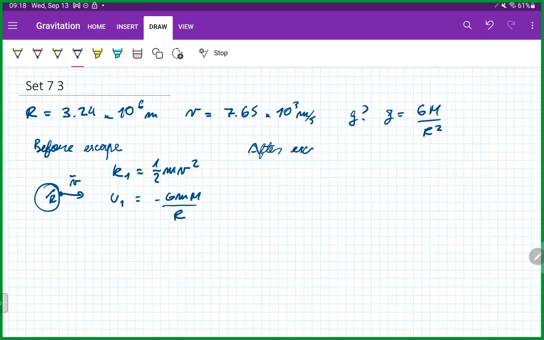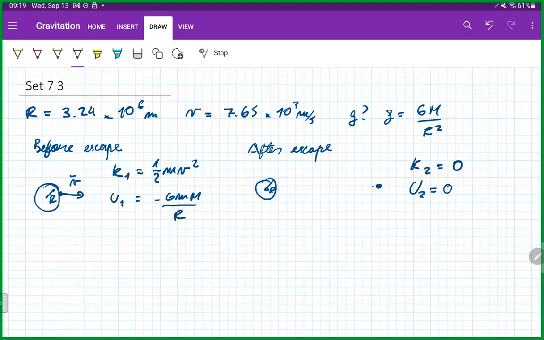And then after the escape, our object is so far away that it's not experiencing any potential energy. But we also don't have any kinetic energy.